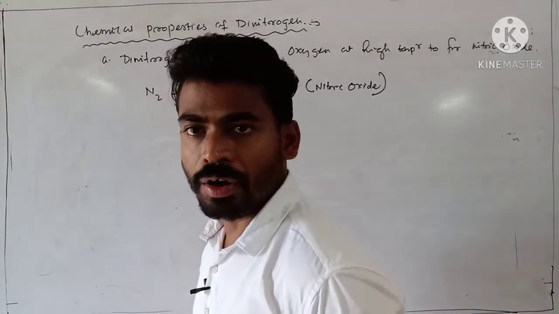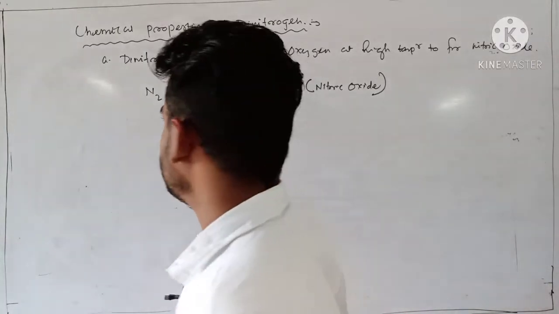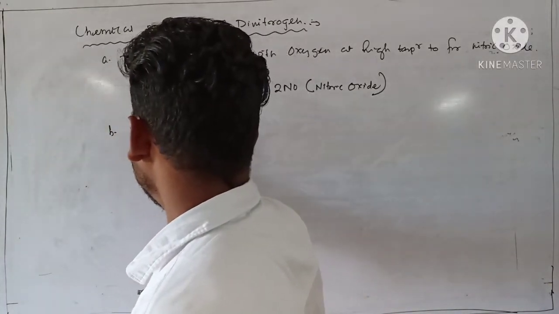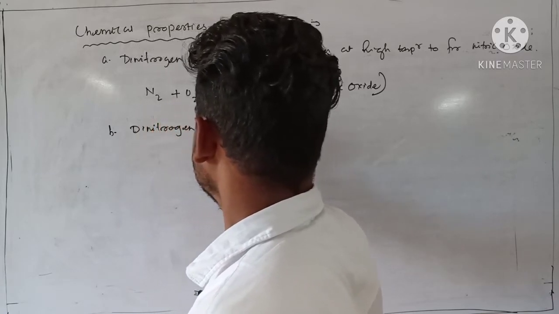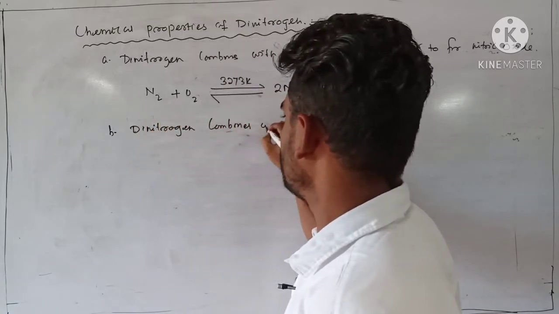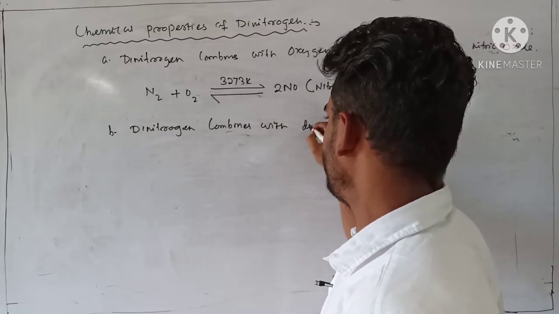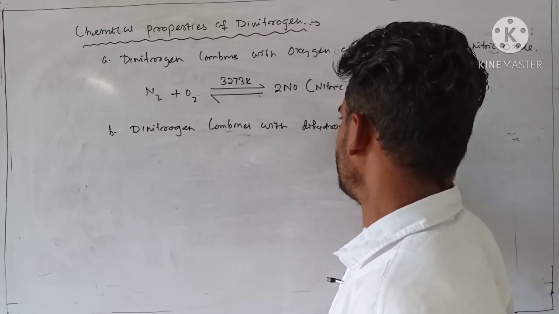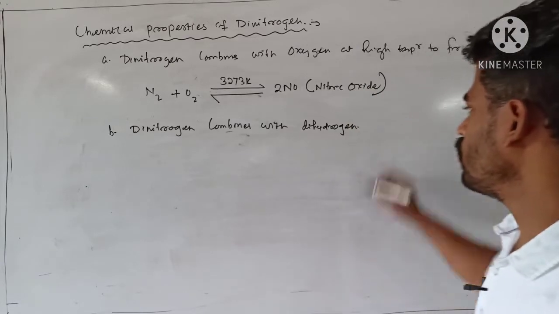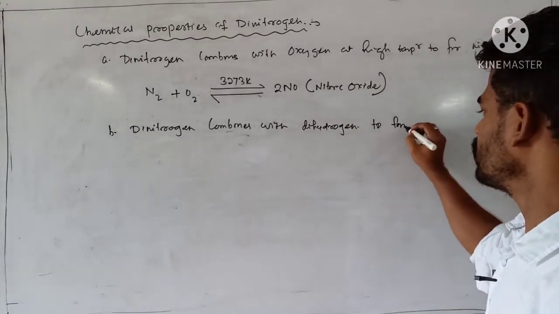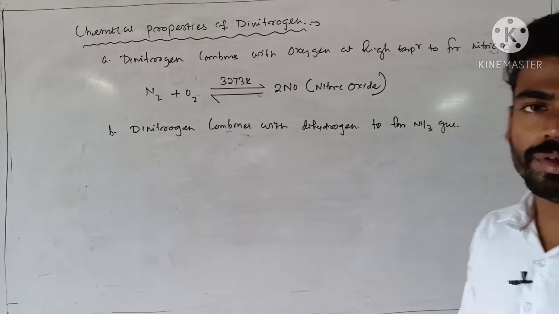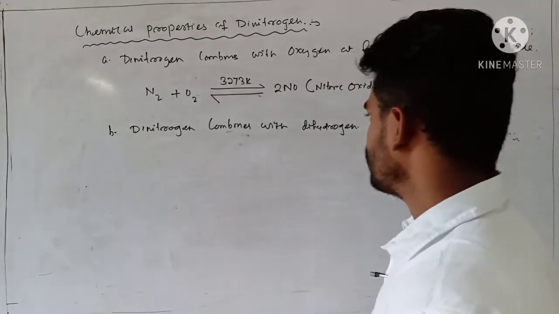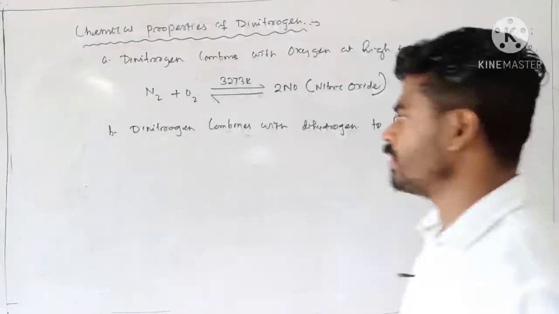Next, dinitrogen combines with dihydrogen to form ammonia, NH3 gas. This is the industrial preparation, very important I am saying.